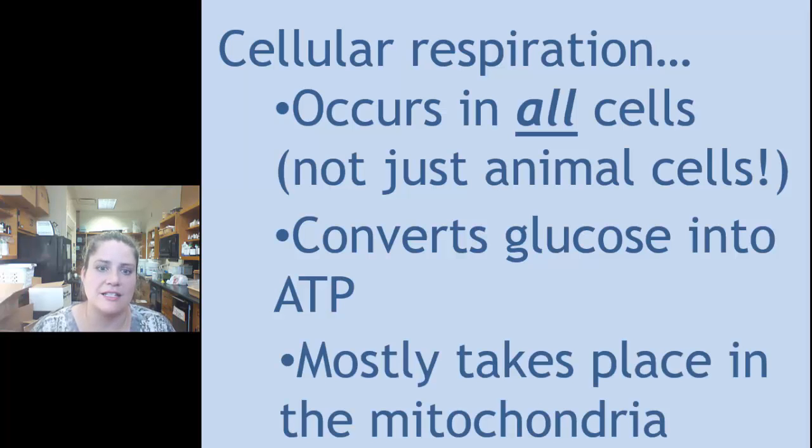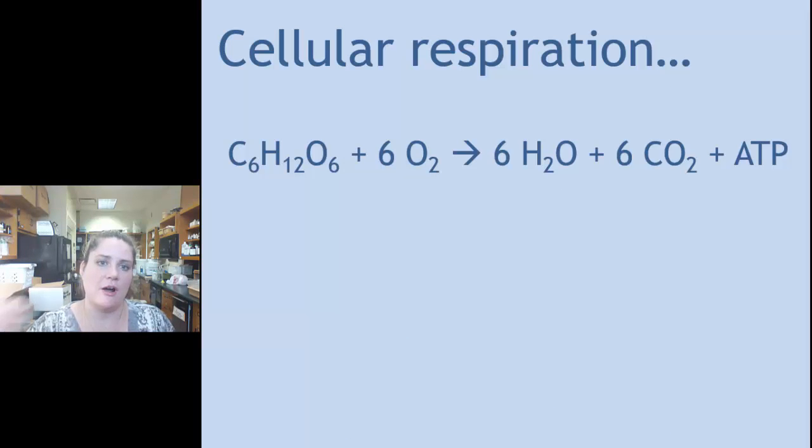All cells need ATP. Most of cellular respiration takes place in the mitochondria, but some of it not so much. So we're going to talk about those differences when we get to them. But you've already learned that sort of connection between cellular respiration and mitochondria, and that for the most part is a good connection to know.